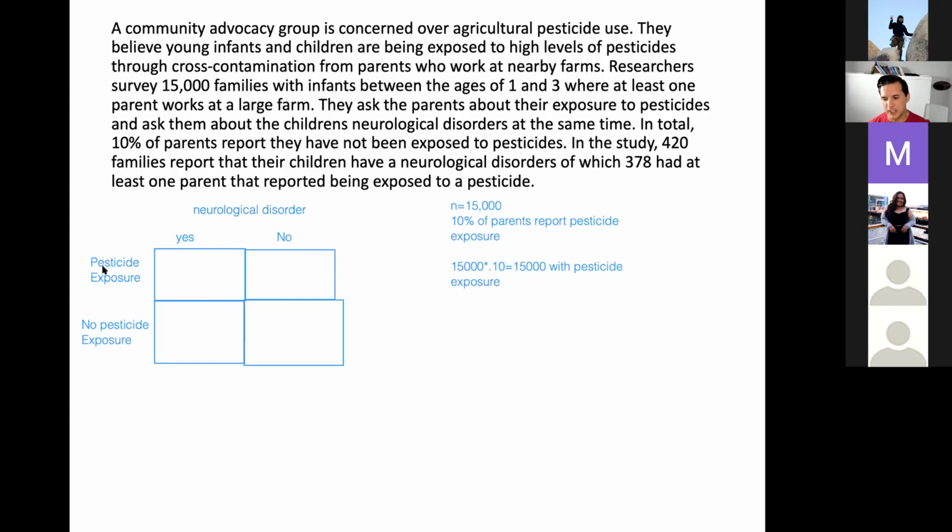It's okay if you put no pesticide exposure on the top and yes on the bottom, and we'll talk about that at the end. You should just have one on the top and the opposite on the bottom.